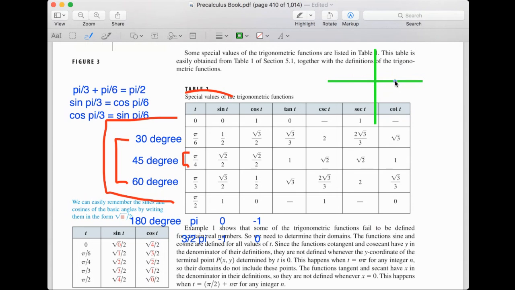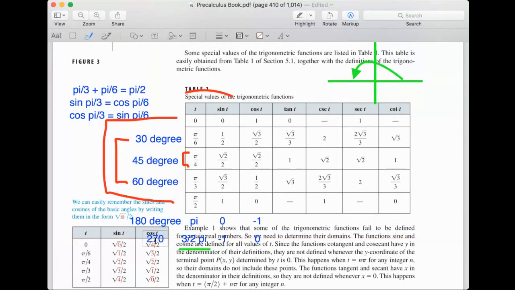So pi is half, like a half of the unit circle. Yes, pi is half of the unit circle, where you're running around in a straight line. If you go to the third quadrant, that's 3 pi over 2, or 270 degrees.